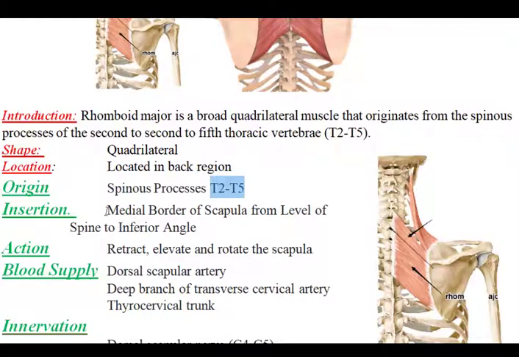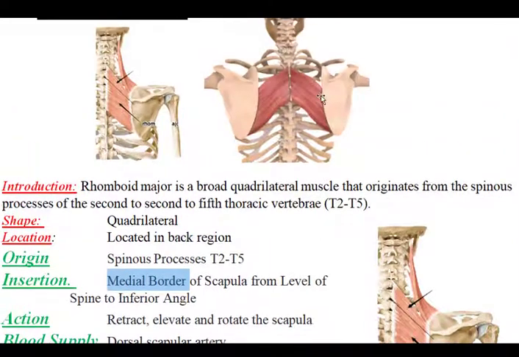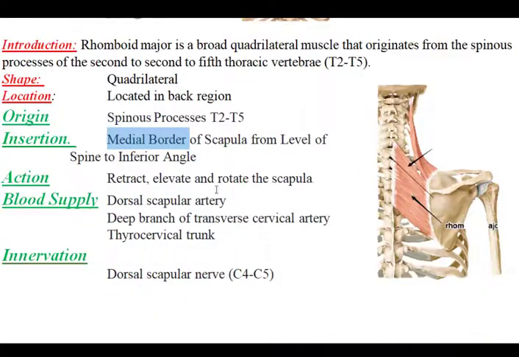It is inserted into the medial border of the scapula from the level of the spine to the inferior angle, right? This is the scapular spine and this is the inferior angle. So it is inserted into the medial border. This is the medial and this is the lateral border. The medial border of the scapula from the spinal level up to the inferior angle.